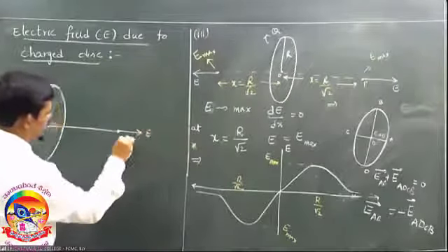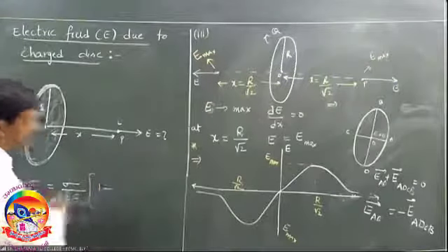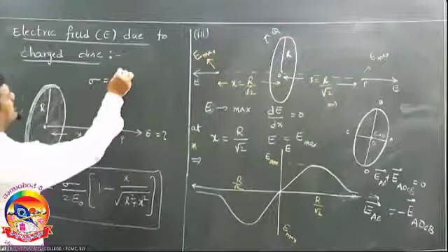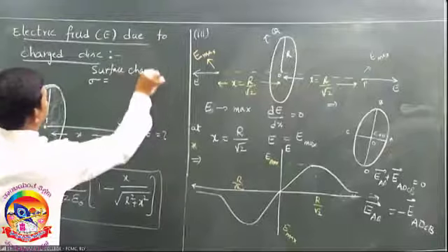I am just giving you the formula, derivation not necessary. From the entrance point of view, the formula is required. E is equal to sigma by 2 epsilon naught times 1 minus x by root over r square plus x square, where sigma is the surface charge density.